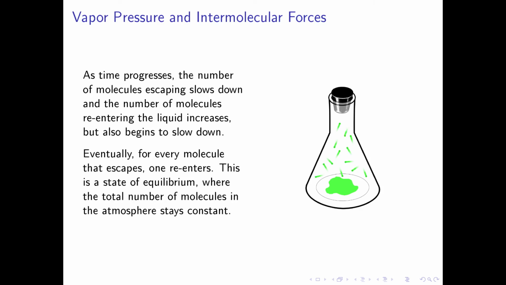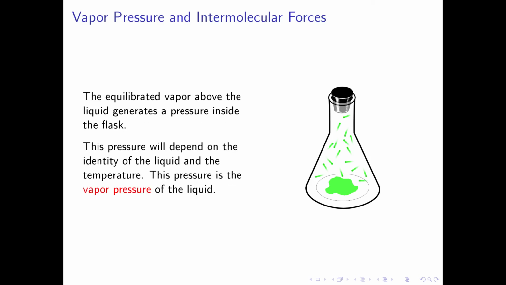As time progresses, the number of molecules escaping slows down, and the number of molecules re-entering the liquid increases, but eventually also begins to slow down. Eventually, for every molecule that escapes, another molecule re-enters the liquid. This is a state of dynamic equilibrium, where the total number of molecules in the atmosphere stays constant.